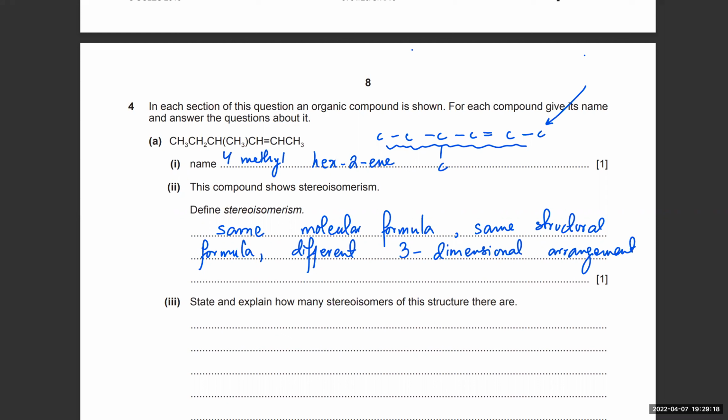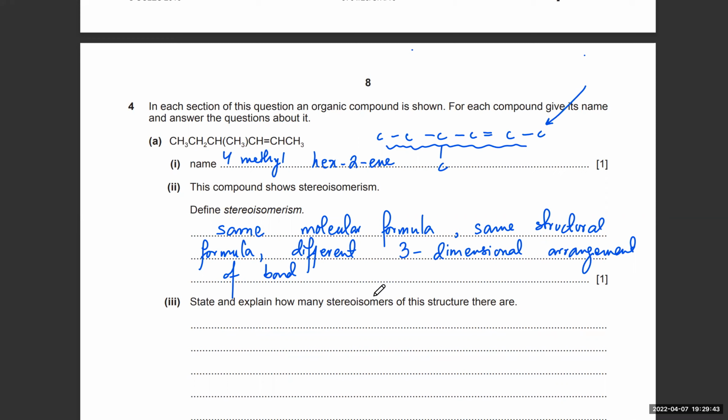So make sure you remember this definition: even if the structural formula is the same, you have a stereoisomer. For example, optical isomers, like your two hands. They have the same structural formula. The thumb and the fingers are in the same order, but the three-dimensional orientation is different.